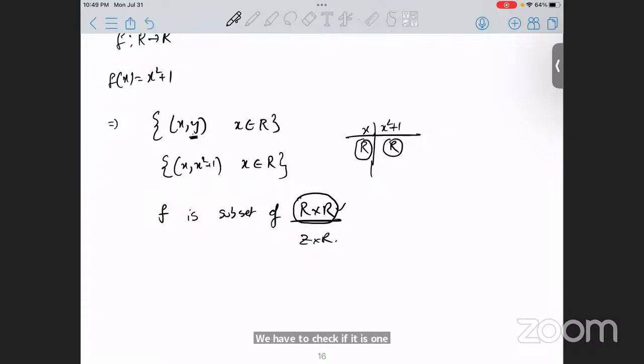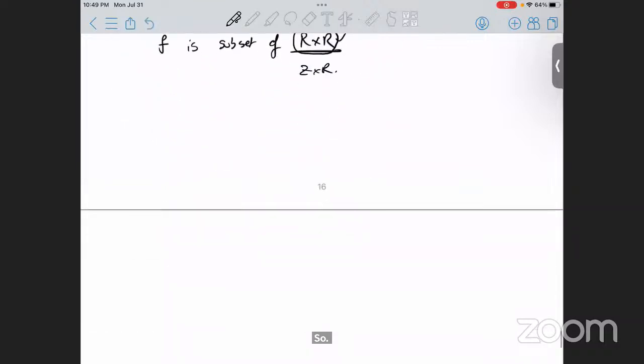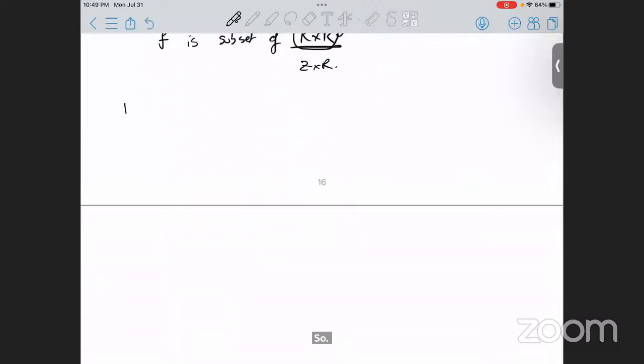Sir, I have read out the question. Now tell me, you are unable to find whether it is a bijection or not? Sir, I don't understand what the meaning of bijection is. You don't know bijection?